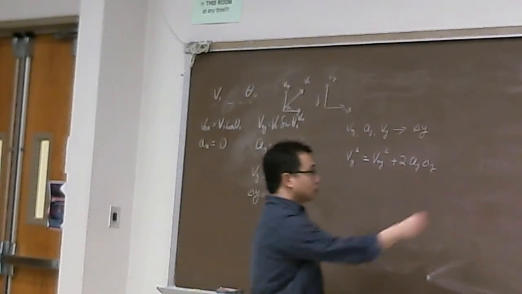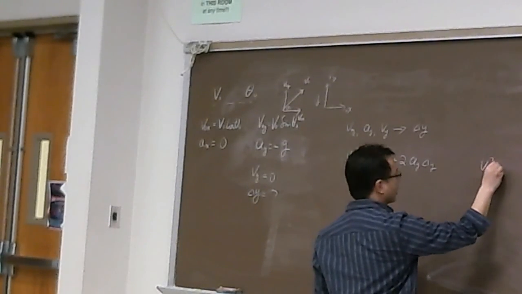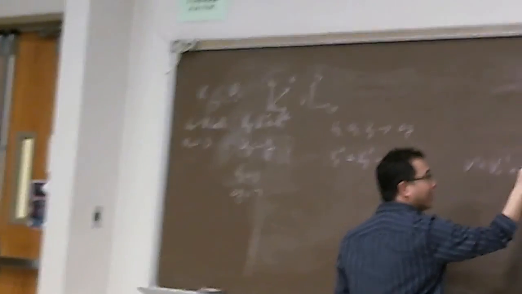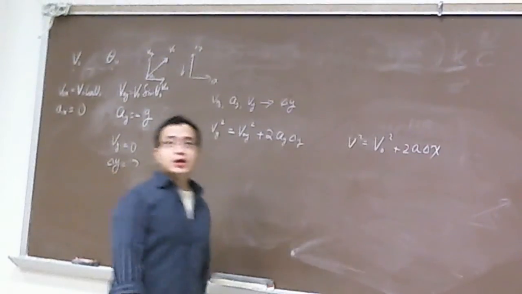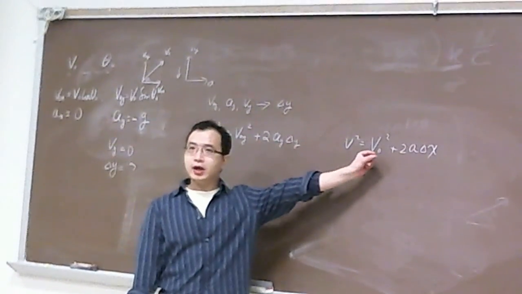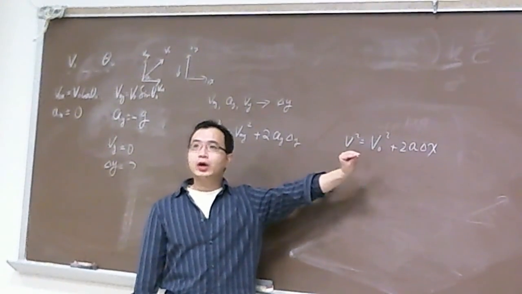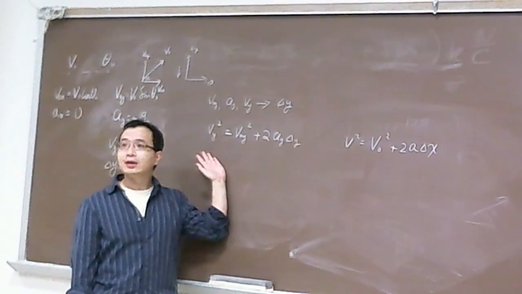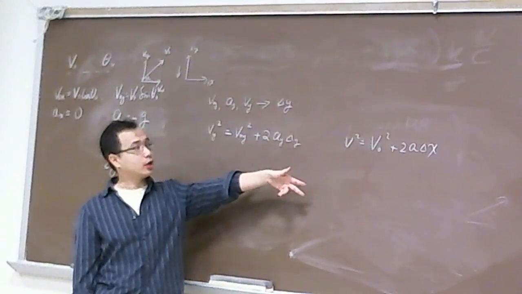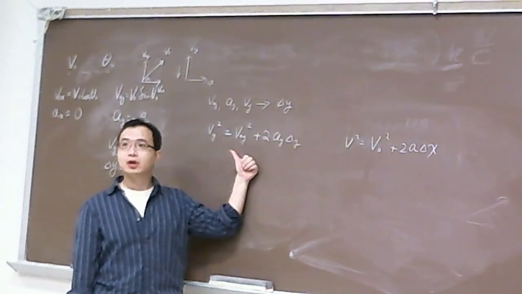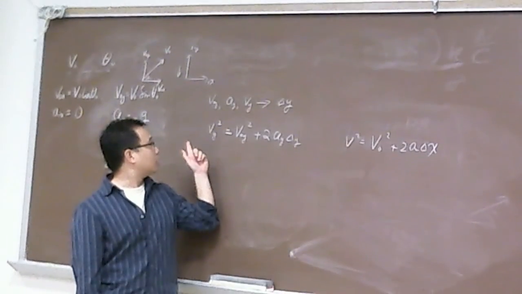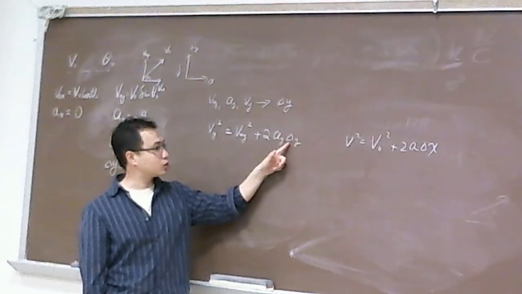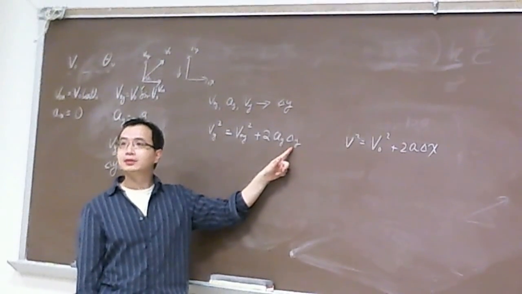In fact, if you go back to look, the equation is V squared equals V naught squared plus 2a delta x. This is the general equation that can be applied to any direction. Here, we apply this equation to the y axis. So we have to put the subscript y carefully and change delta x to delta y.